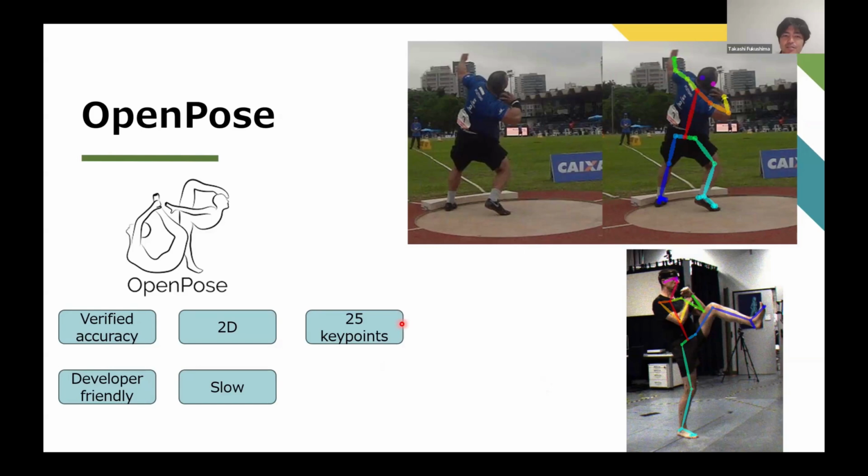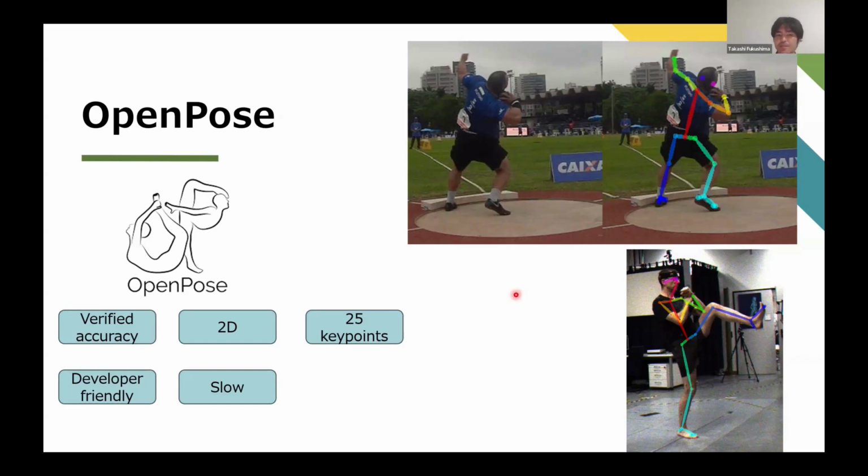And it can detect 25 key points by default. Obviously, you can add face, foot, and hand key points, but the basic topology you get from OpenPose is 25. So it depends on what you need.